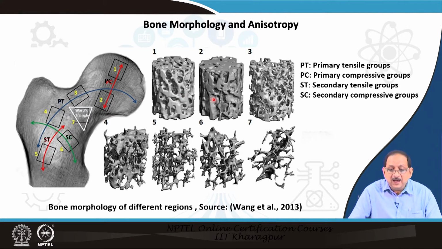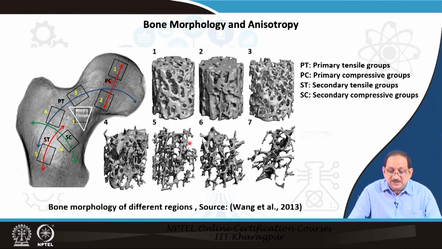Samples 1 and 2 have similar bone morphology, as you can see, and these have higher bone density as well. These samples 1 and 2 are from the principal compression group area, PC, whereas samples 3 and 4 have similar bone morphology with a lesser amount of bone density, and they correspond to the principal tension group.